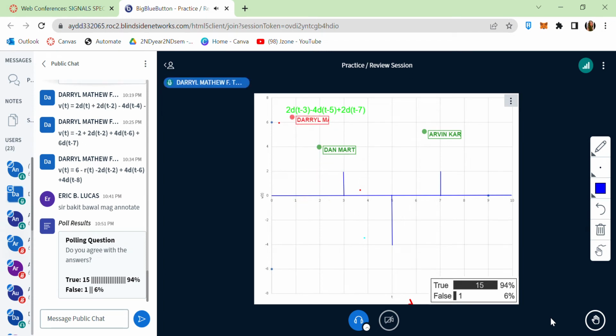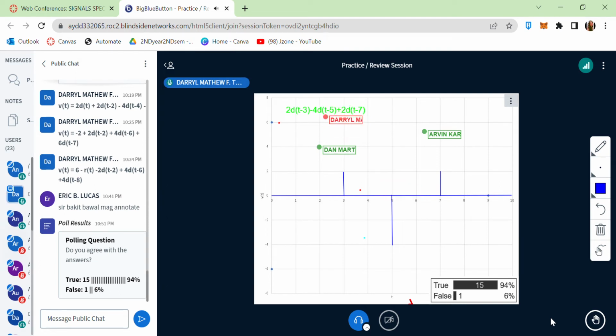Kasi yung function natin, since wala tayong kahit anong offset, flat siya at 0. Tapos, what happened with our function kasi, yung mga important points of time natin would be t equals 3 kasi yun yung magsasatisfy sa t minus 3 para gumana yung impulse, t minus 5.